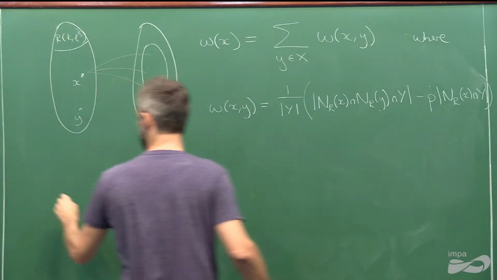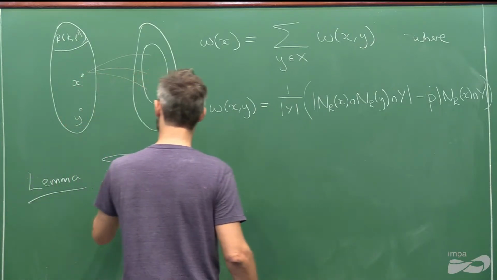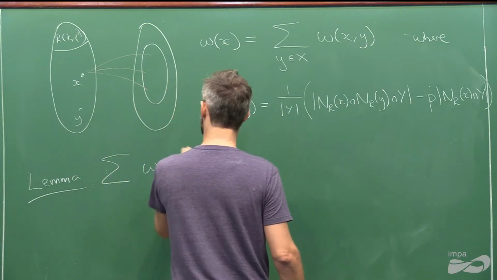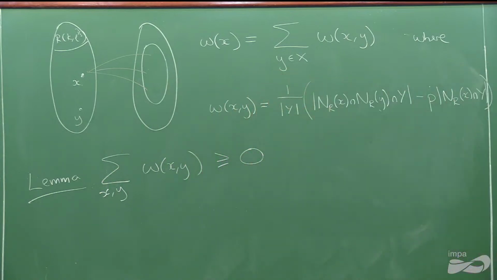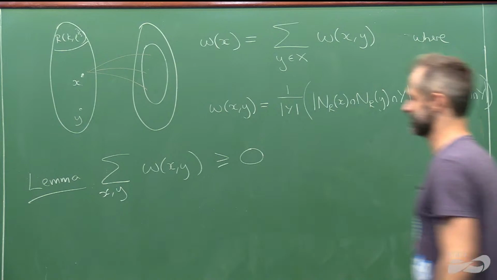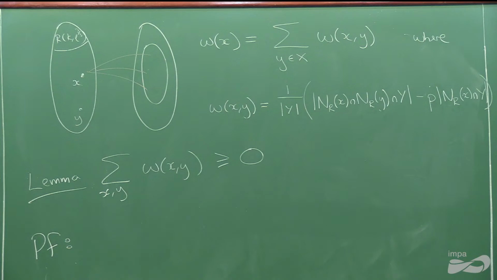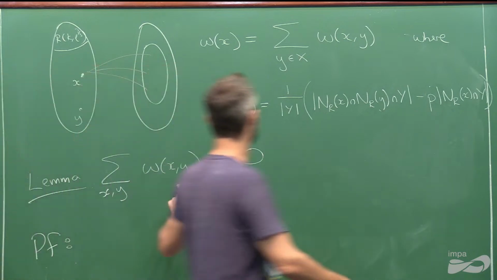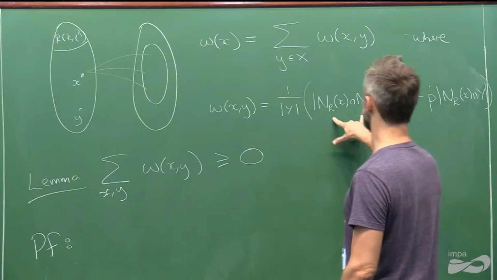Yeah. So here is a lemma. The sum of w_xy over all x and y is at least 0. Almost. So let's see. When we sum this, we get the sum of this minus the sum of this. Okay, so let's do the two things separately.